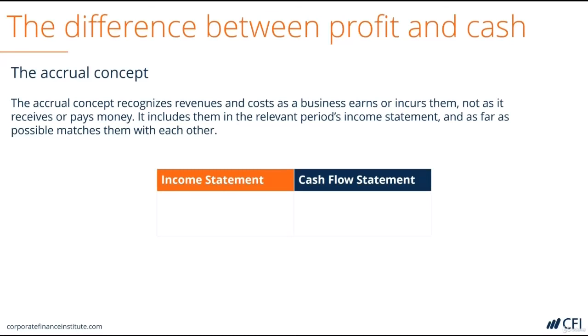This is what drives the reporting on the income statement: revenues when they're earned and expenses when they're incurred. Now, let's compare that to what happens on the cash flow statement. The statement of cash flows only records transactions when cash is received or cash is paid. In the coming sections, we're going to look at how this actually works in practice.